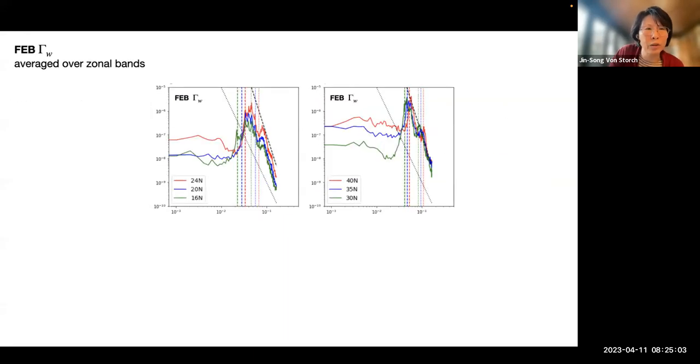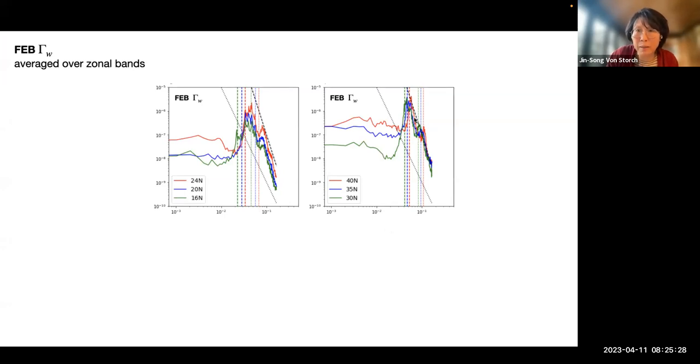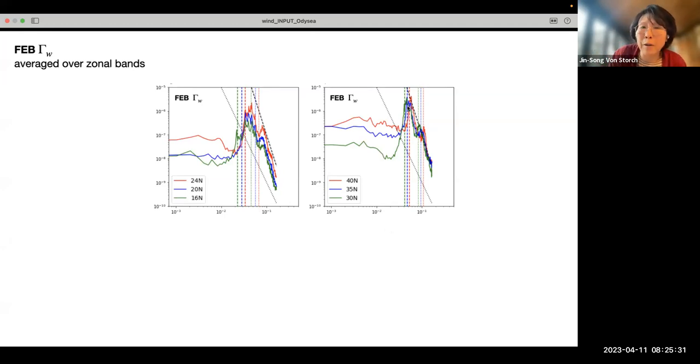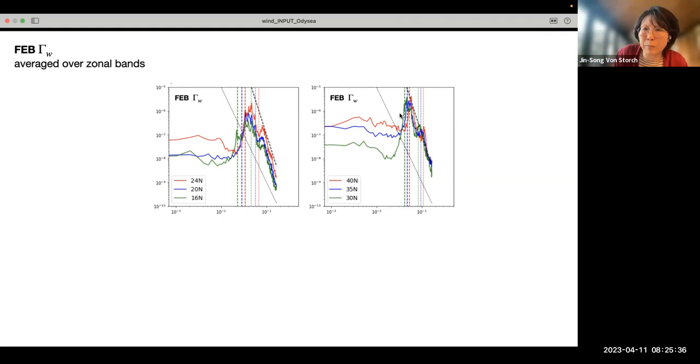Let me move on to show you another 2 pictures of the power spectrum of the vertical velocity at the bottom of the mixed layer. This is during winter season, in the northern hemisphere. So the left are at lower latitude, and the right at higher latitude. And what you see first is that at higher latitude, the peaks peak at the local Coriolis frequency, but the widths of the peaks are much narrower compared to those at the lower latitude.